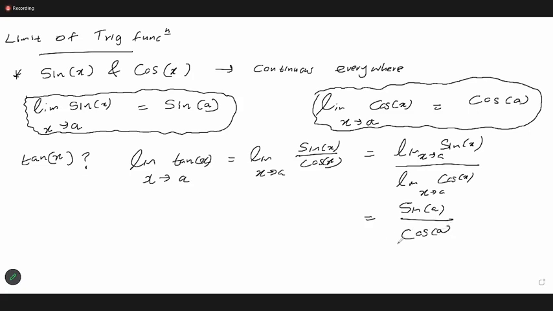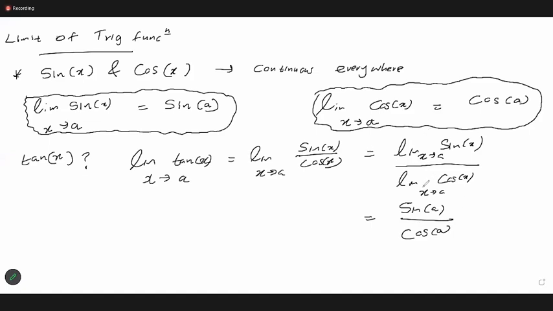But here you have to note something, because cos a is in which one, numerator or denominator? Denominator, no?